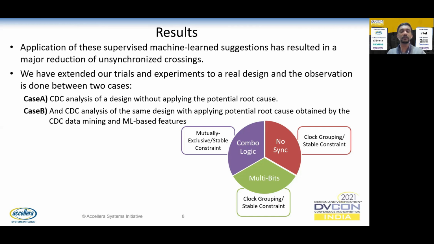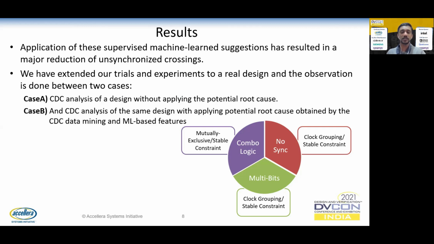In our research, we have extended our trials and experiments to a real design, and the observation is done between two cases for the same design. Case A, CDC analysis of a design without applying potential root cause, and case B, CDC analysis of the same design with applying the potential root cause obtained by the CDC data mining techniques.